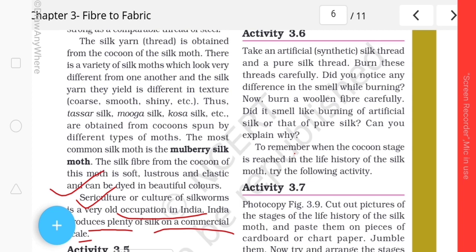We rear silkworms to get silk. We even export the silk fibers to different countries also, so we are using those silk fibers for business purposes.